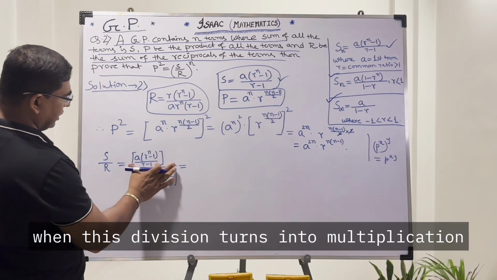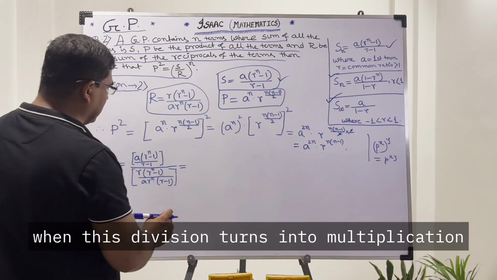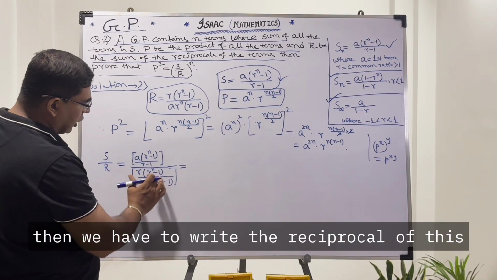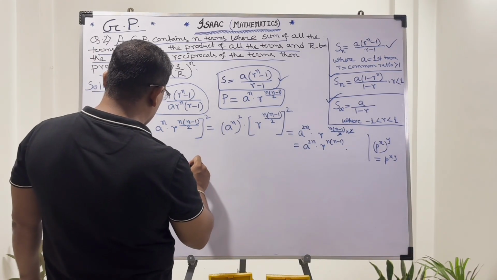Now, when this division turns into multiplication, then we have to write the reciprocal of this.